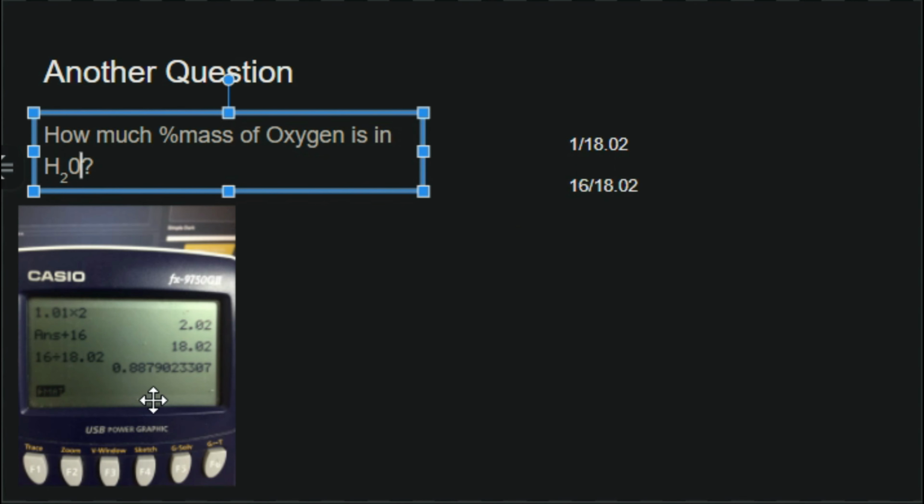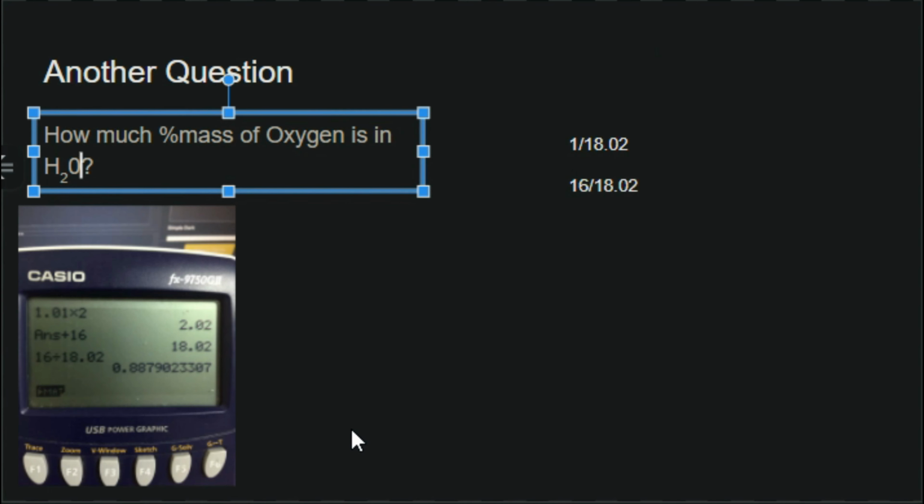Here are the calculations. You get a decimal and you have to multiply it by 100, and then you get the percent. You can just estimate it, and you get about 88.8%, something like that.